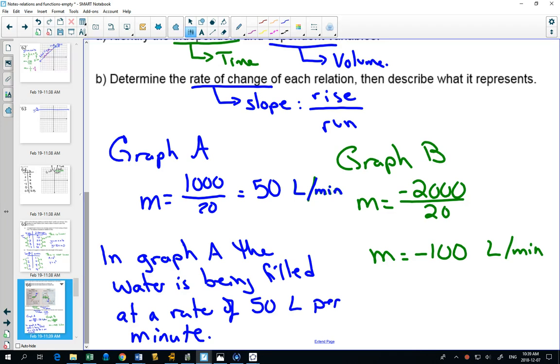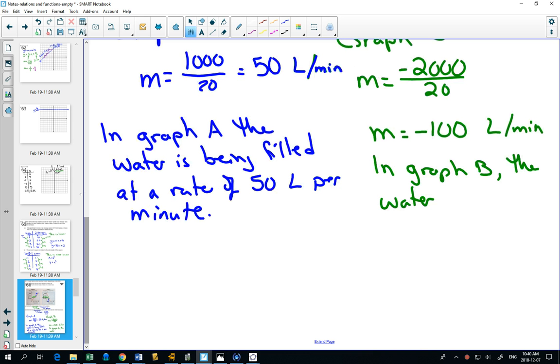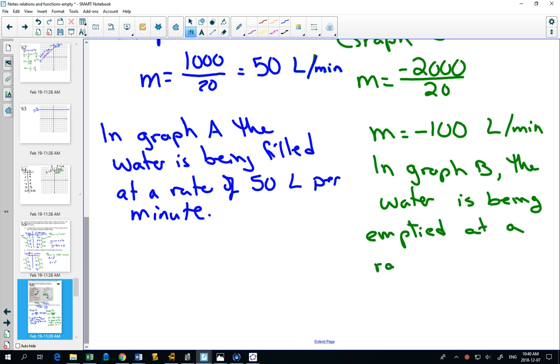In graph B, the water is being emptied at a rate of 100 liters per minute. In graph B, why didn't I put the negative sign in when I wrote my sentence?